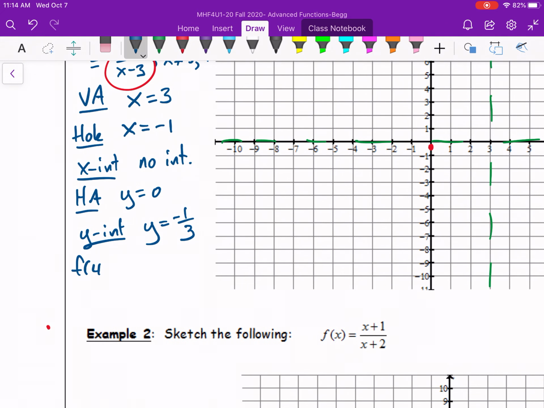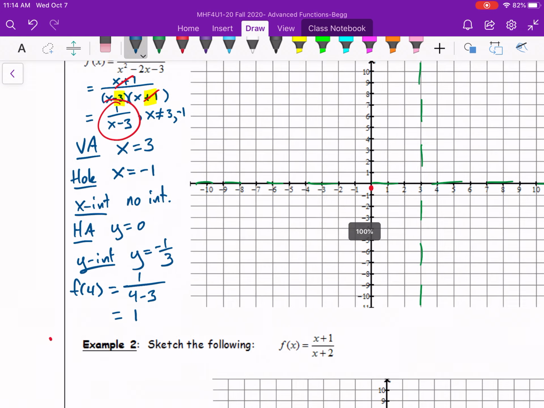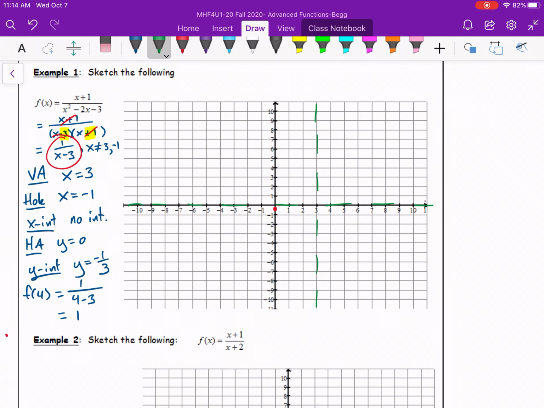So I'll just find out what f at 4 equals. And again, I can use the simplified version, the 1 over x minus 3. And it turns out that when x equals 4, y equals 1. So that gives me a point that I can put on my graph, again, to help round out my picture. Let's do that in red, though.